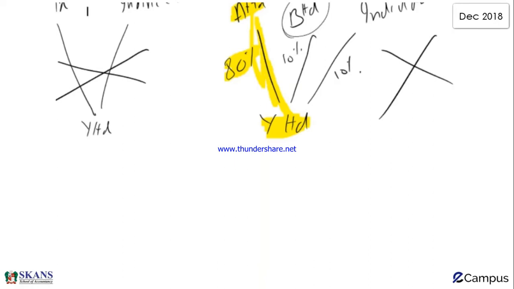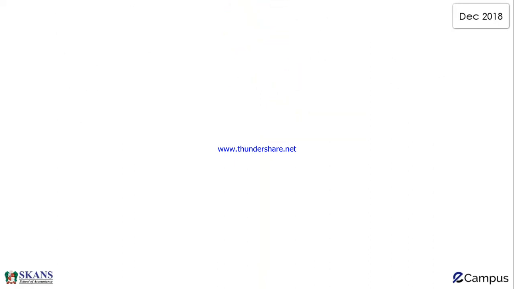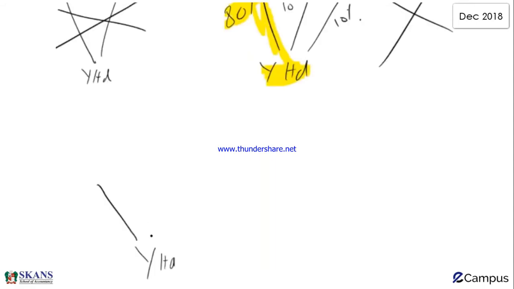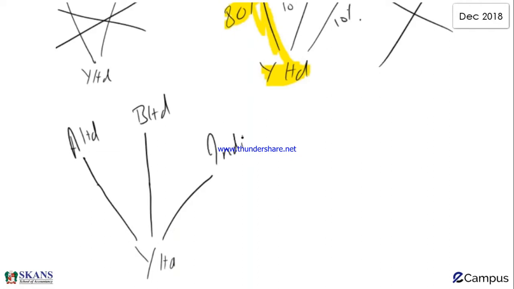Okay, let's have another example. For example, this Y Limited is owned by A Limited, B Limited, and some individuals.